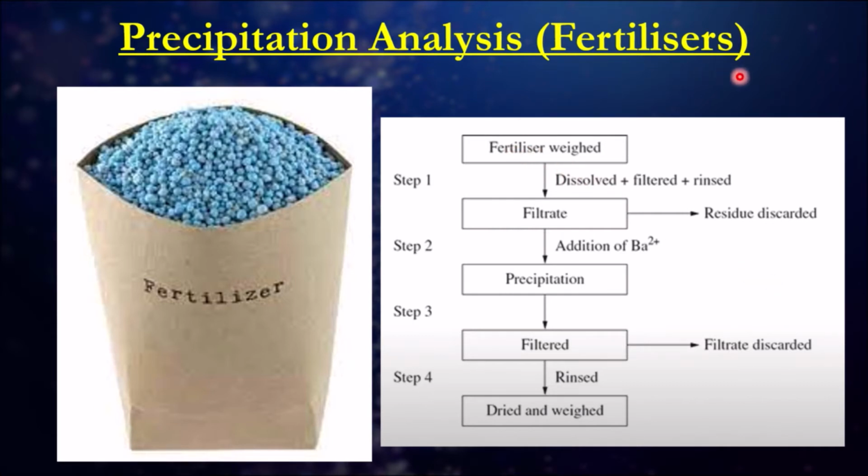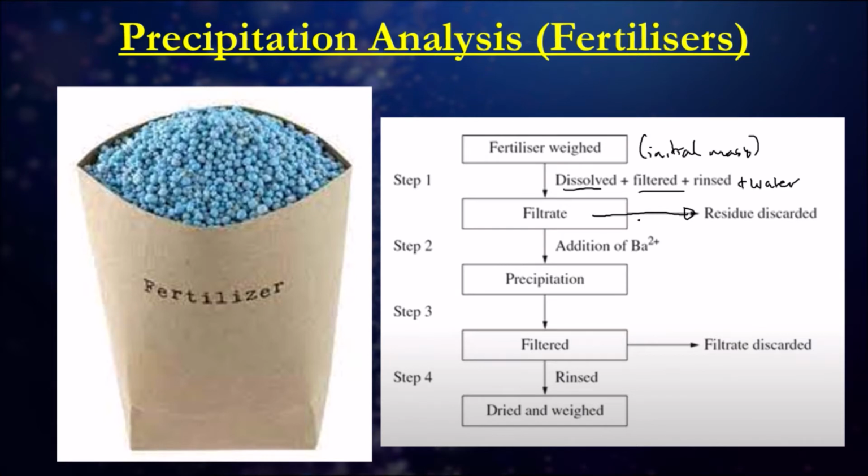And we'll use the fertilizer as an example. Weigh the mass of the fertilizer. That is important. That will be the initial mass. So that's the initial mass of the compound you're investigating. You're going to dissolve and filter out the mixture afterwards. So this is where you add water, and then you're going to filter out any residues that don't go through the filter.